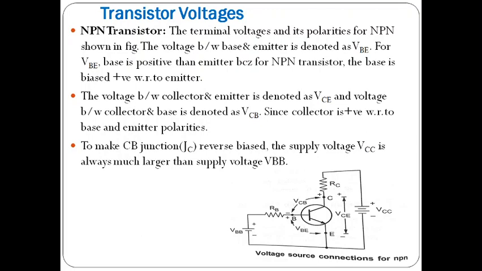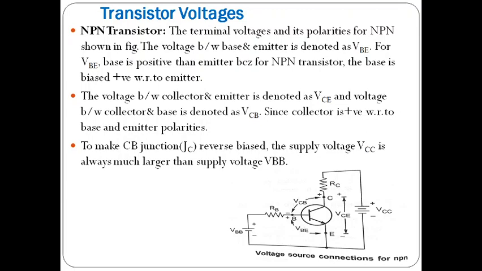So VBE is related with positive to negative. Yes. So the base is more positive than the emitter because it is an NPN transistor. The base itself is made up of p-type material, and we are applying the positive potential to that one. So the base is more positive with respect to the emitter.